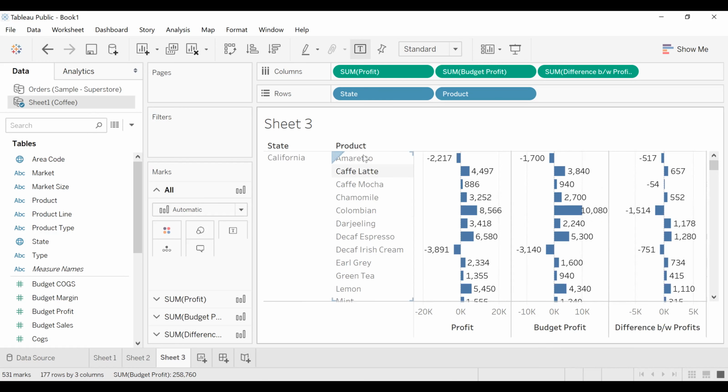So 8 divided by the total number of products, which is 12. So 8 by 12 will come around 67%, right? But I don't want to bring the product again in my view. I want to create a calculated field that would include the products, and it will calculate the percentage for me for each state.